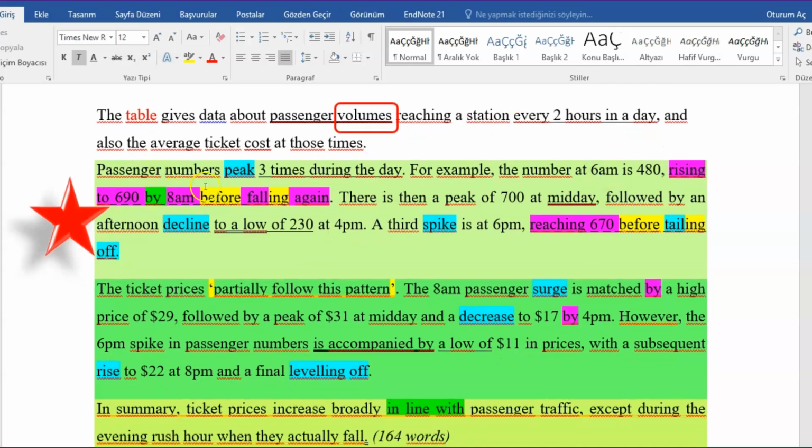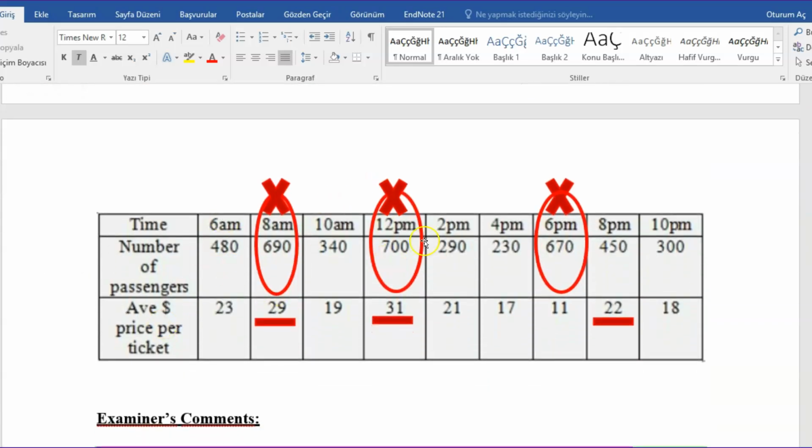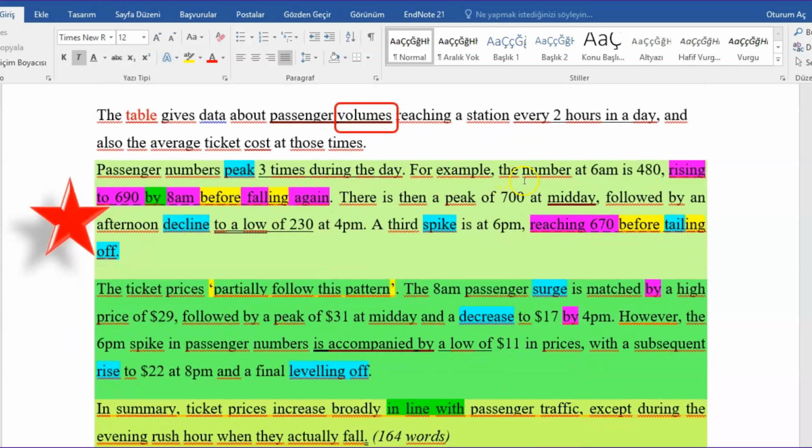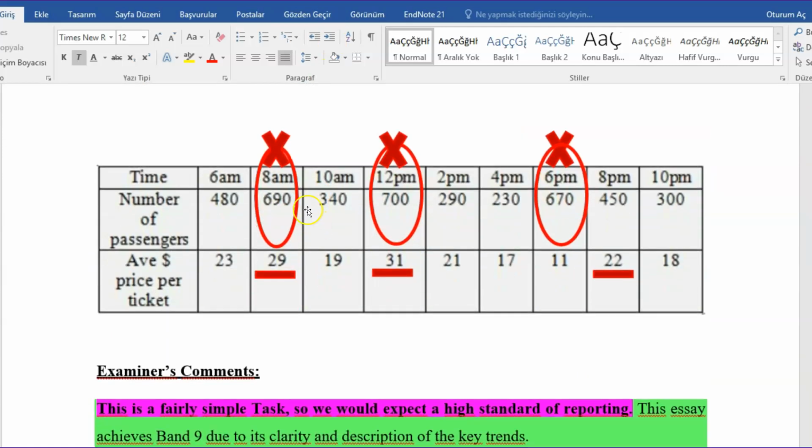Passenger numbers peak 3 times during the day: 8 a.m., midday, and 6 p.m. For example, the number at 6 a.m. is 480, rising to 690 by 8 a.m. before falling again.